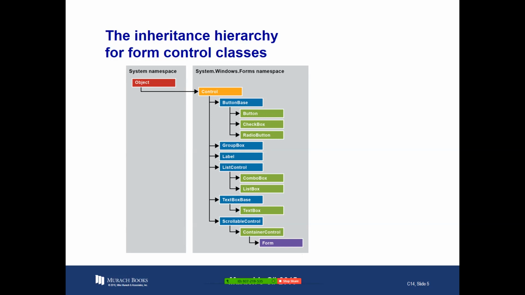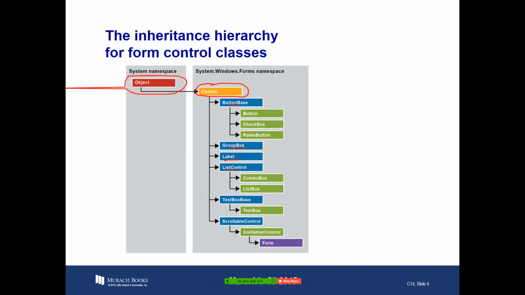So the inheritance hierarchy for form classes, or form control classes. Everything is derived from this object class, and in this object class there's a control class, and all the controls that you put on a form are derived from this control class. And there's buttons, and there's group boxes, and there's labels, and there's lists.